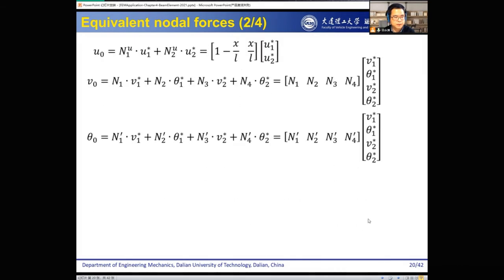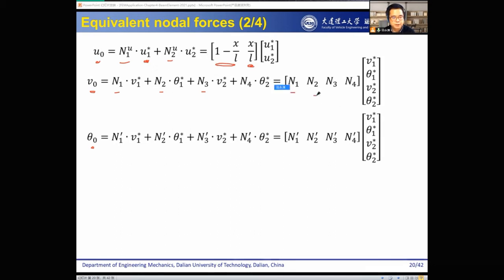So then we continue with the procedure. We have the relationship between the node displacement and the displacement at the external concentrated force, and this is the shape function for the beam. We already know this from the bar element: the shape function in the x direction.